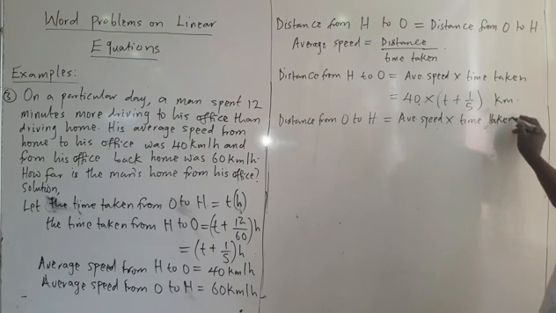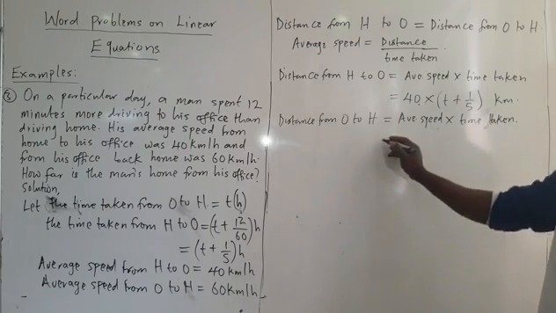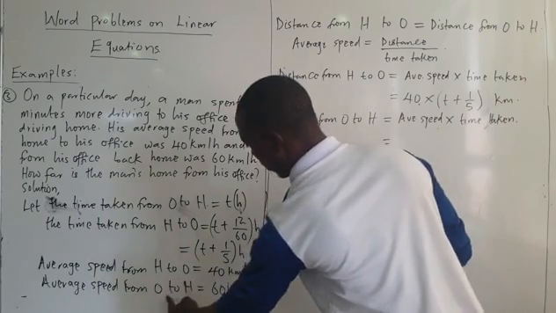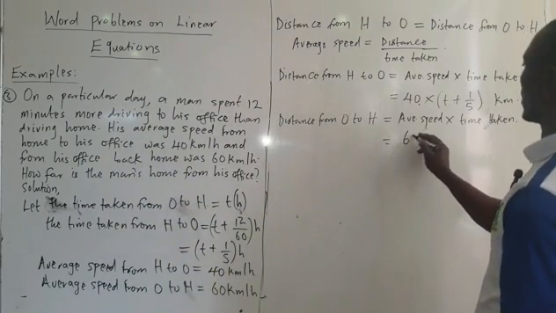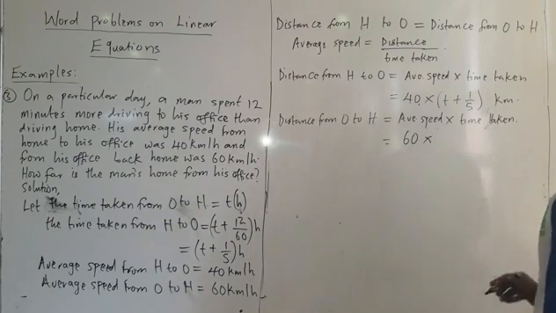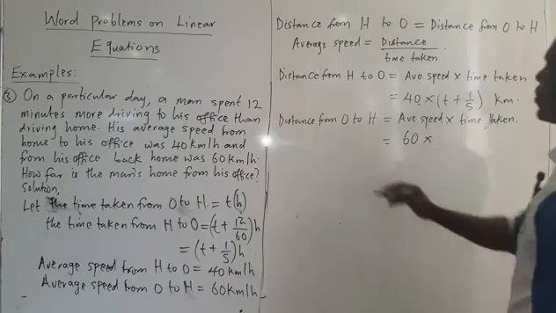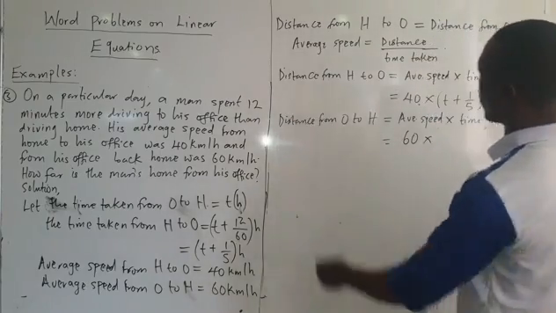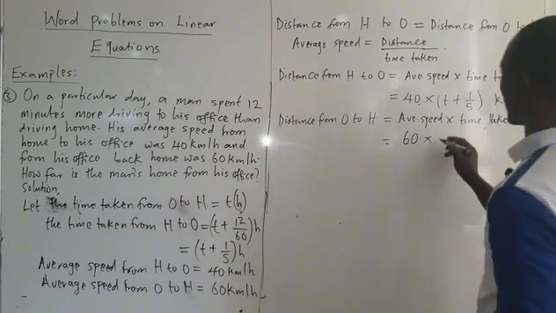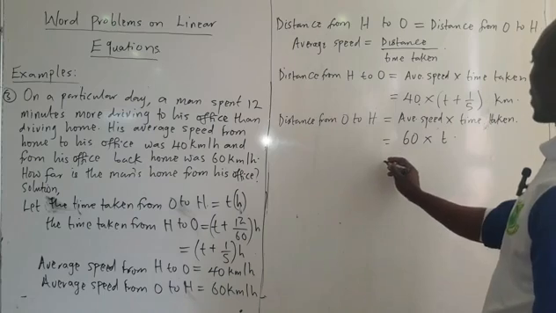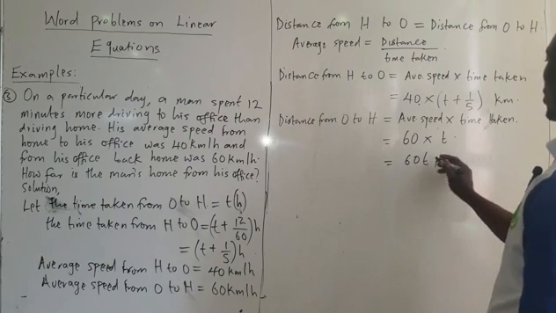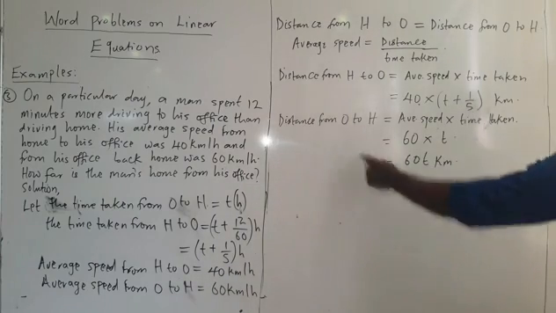So what is the average speed from office to home? That's 60 kilometers per hour, multiplied by time taken from office to home, that is T. So we now have it as 60T. That is in kilometers because we are dealing with the distance.